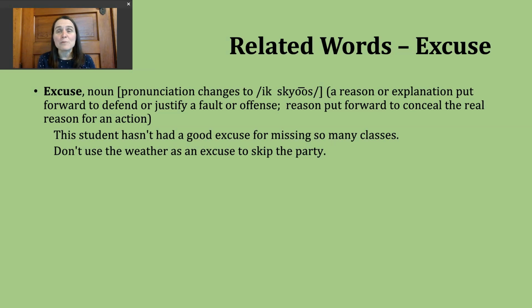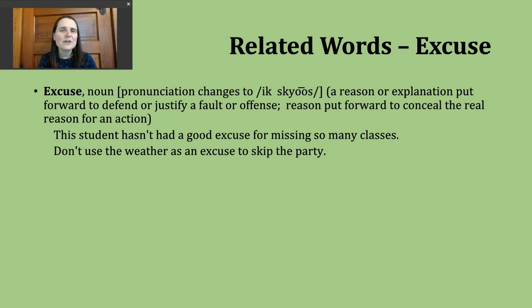A second way we use the noun excuse is to talk about a reason that isn't the real reason that someone acted in a particular way. So the person is trying to hide or conceal the truth. An example of this might be, don't use the weather as an excuse to skip the party.